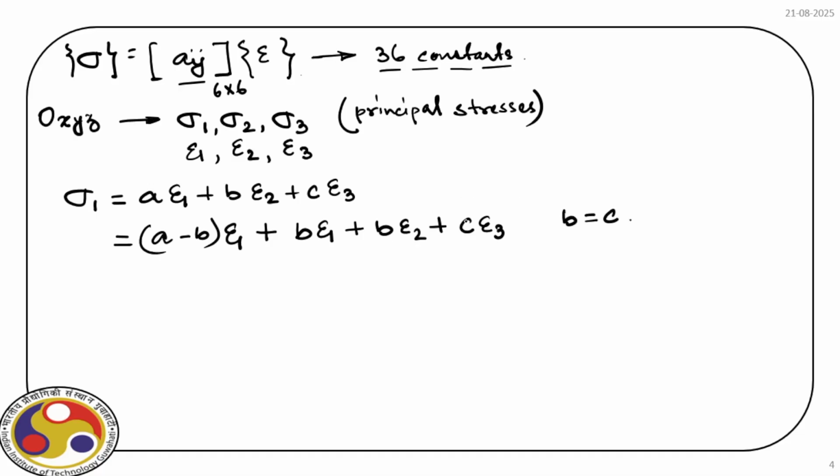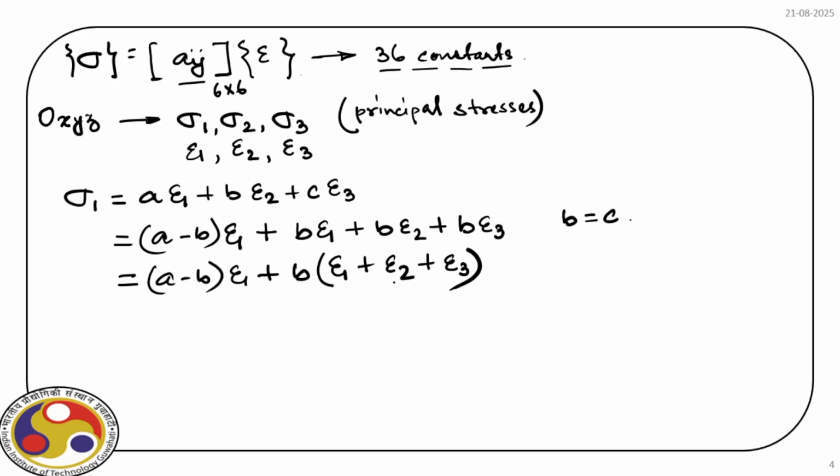Now, because we have an isotropic material, obviously B must be equal to C, right? So we can replace C with B. Now, if we do that, we have A minus B times epsilon 1 plus, if we take B common, within the bracket epsilon 1 plus epsilon 2 plus epsilon 3.